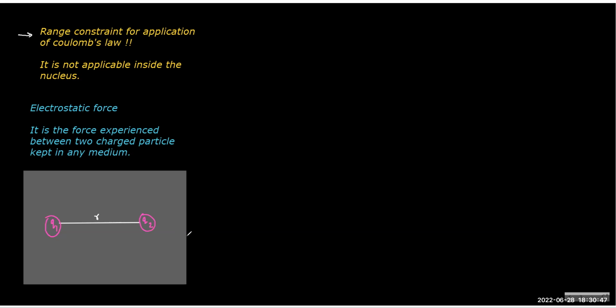So what happens on the back-end side? The moment you bring two charged particles, or charged bodies, into a medium, now it's not a vacuum. It's a medium, surrounded by infinite molecules. Air is also a medium in which the molecules are far apart, and it is found that air does not affect Coulomb's law by any significant value up to the fourth place of decimal.